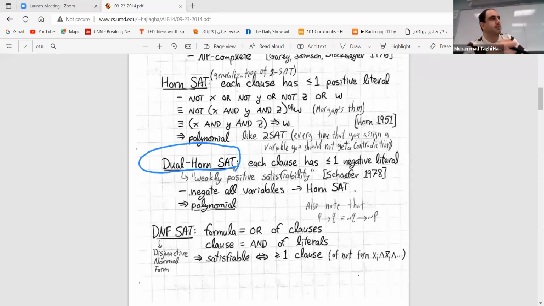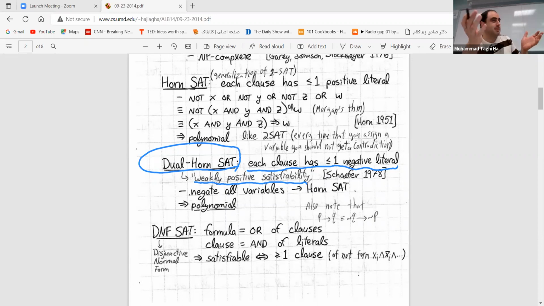What is the dual Horn? It is the dual of that one. Each clause has at most one negative literal. Schaefer, in 1978, called it the weakly positive satisfiability. So each clause has at most one negative literal.